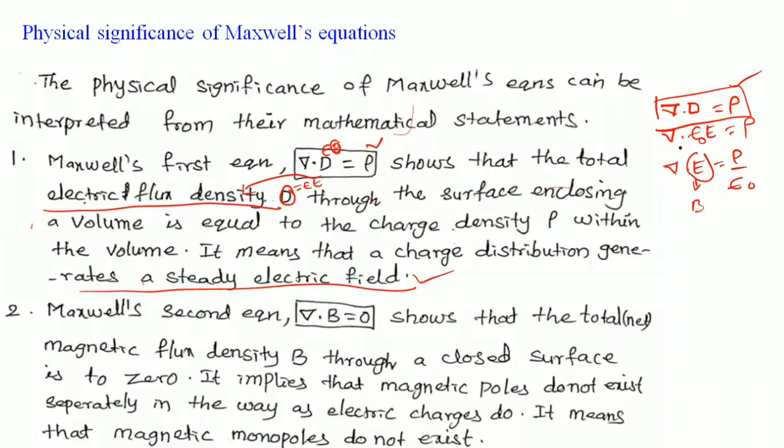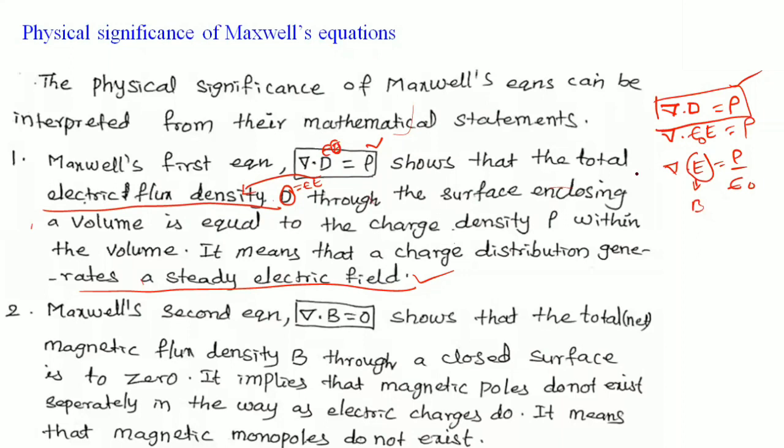So, a steady electric field, a constant electric field. So del dot D is equal to rho, and the physical significance is that a charge distribution generates a steady electric field. That is the physical significance of the first Maxwell equation.